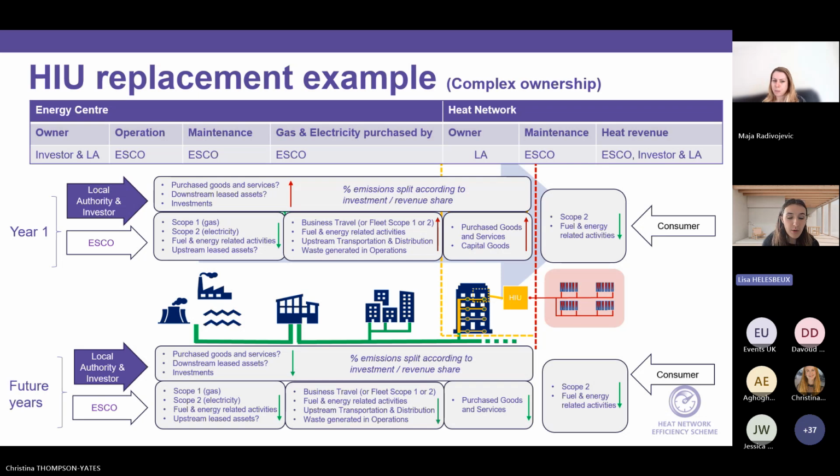And one important point to note also is that the reason for looking at this example is not necessarily to say that the corporate level scope 1, 2 and 3 report must include a project by project breakdown.